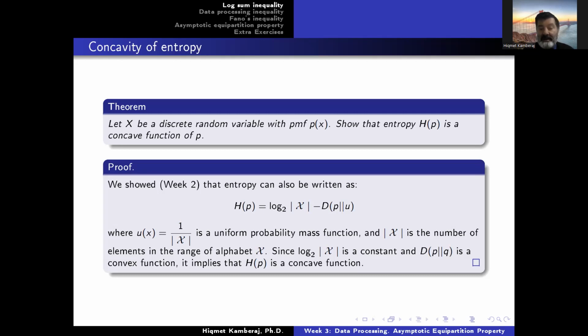Chi itself is the cardinality of the alphabet, or the number of elements in the range of the alphabet chi. Since log base 2 of the cardinality of chi is a constant here, and moreover the relative entropy is a convex function, then from the definition, minus a convex function gives a concave function. This shows that H of P is a concave function.